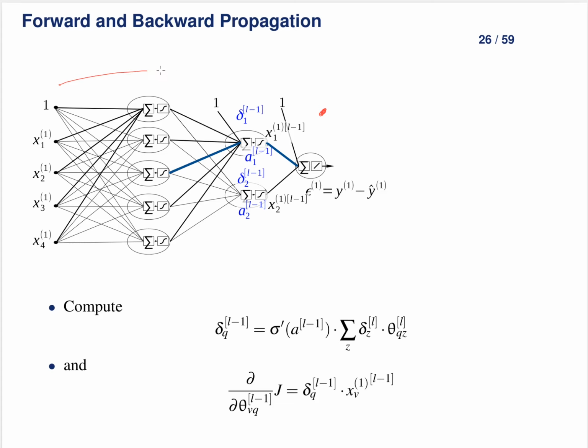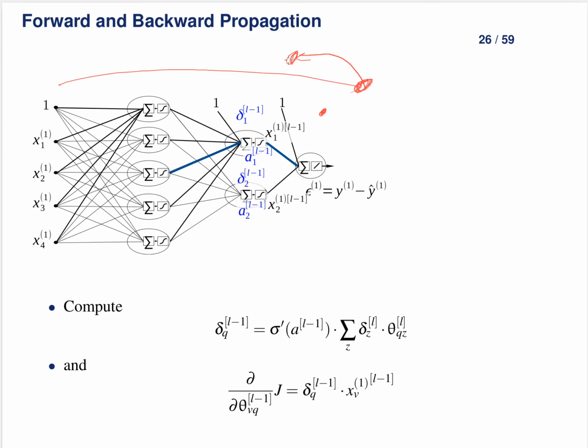So we first do forward propagation to have a prediction. Then we observe the error at the end and we use it to compute the error in an intermediary layer.